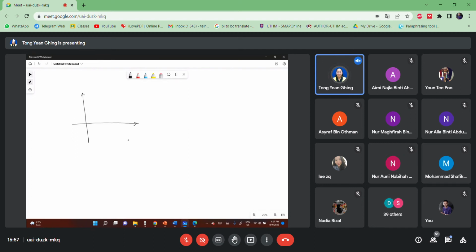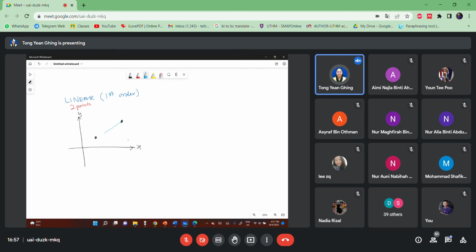It can be only 2 data points, or maybe we call it a linear polynomial. Okay, sebab polynomial can be linear, that means the first order polynomial. Kalau first order polynomial, that means we only have 2 data points. So let's say we have this point, 1 point, 2 points.